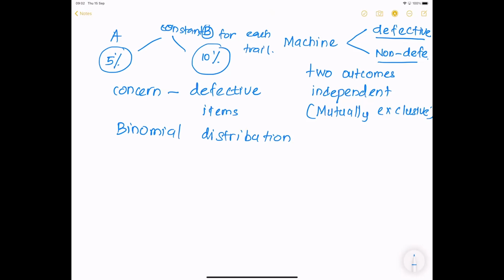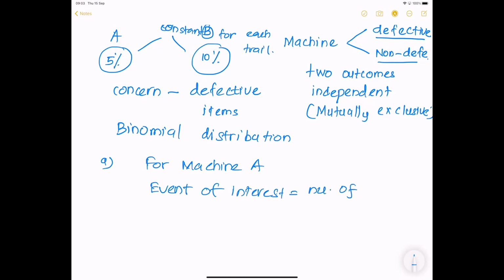So here we are considering machine A. The event of interest is the number of defective items.